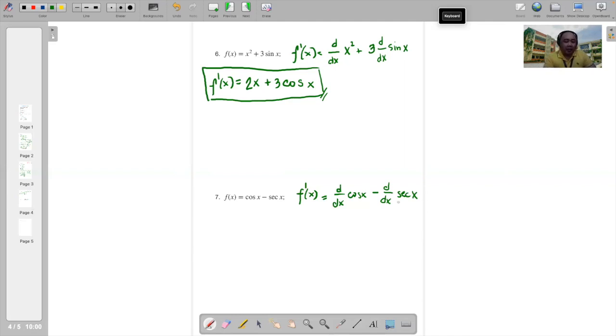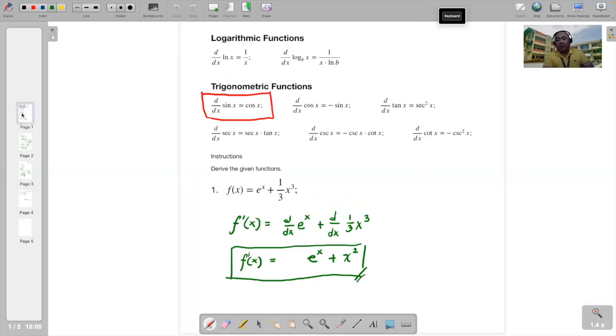Now, I know you're going to say, sir, but we haven't memorized. So yeah, sure, we can go back again to the list that we have had here. The derivative of cosine, remember, cosine, so you have a co there, so surely it must be something negative. True enough, it is. It's the negative of sine x, or minus sine x. And the derivative of secant x is secant x times tangent x.